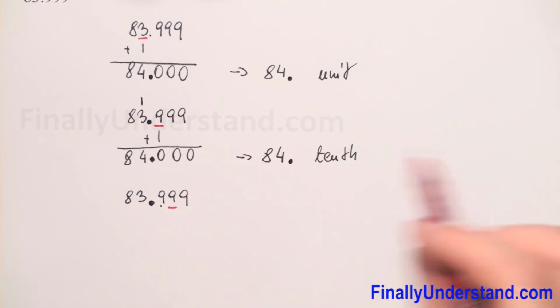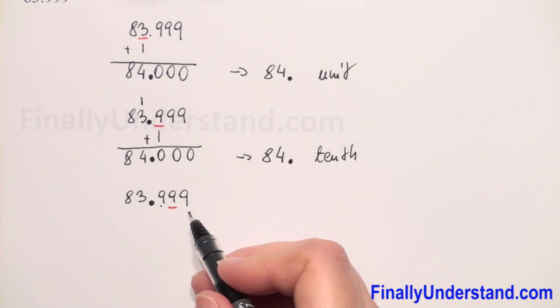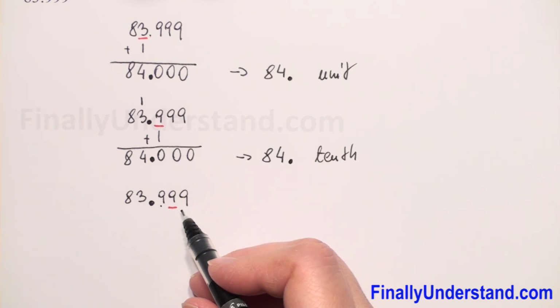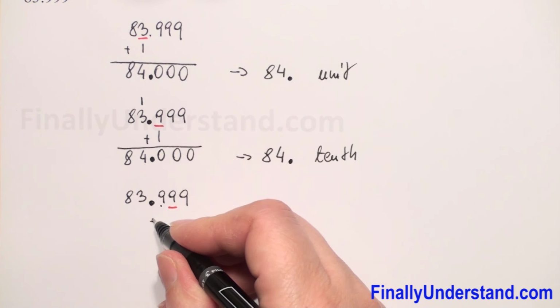Next, we have to check what we have after this underlined number. We have 9. When we have after the underlined digit 5 or more, we need to add 1 to the underlined digit. So we have plus 1.